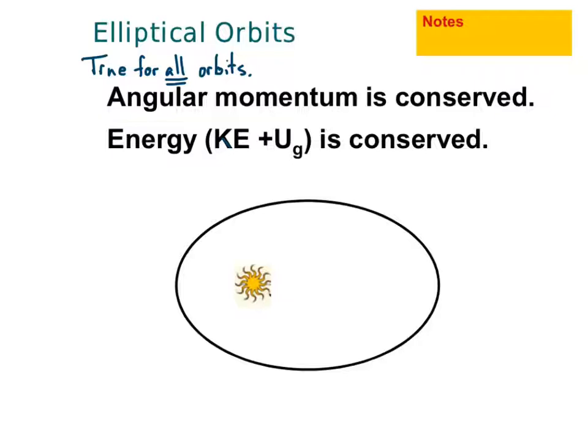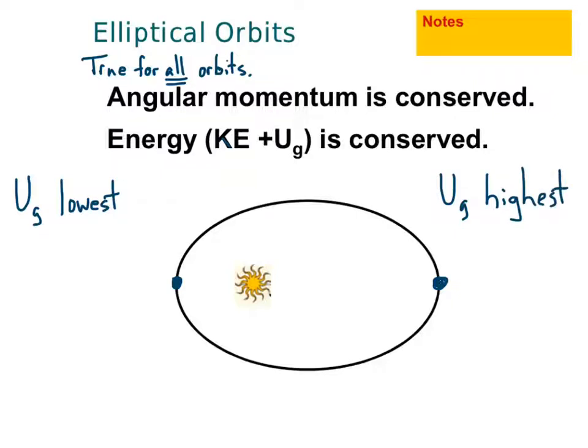So, what does that mean for an elliptical orbit? Well, you know already that when you compare a planet at its closest distance to the sun versus a planet that's farthest away from the sun, its gravitational potential energy, UG, is at its lowest when it's closest to the sun, and its gravitational potential energy is highest when it's farthest away from the sun.